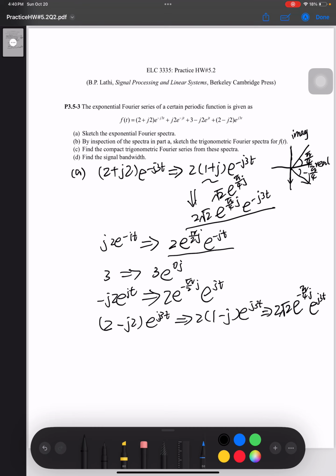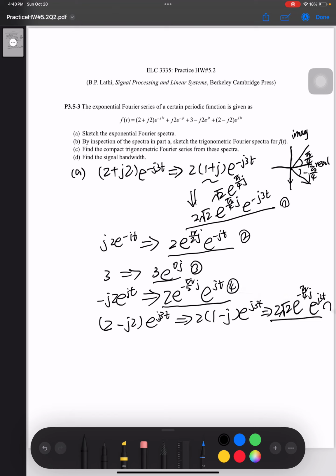Based on these terms, we can get: this is the first term, second term, 3, 4, and 5.